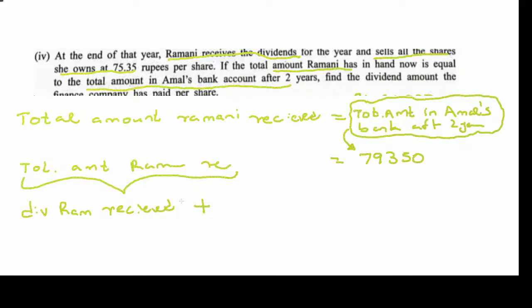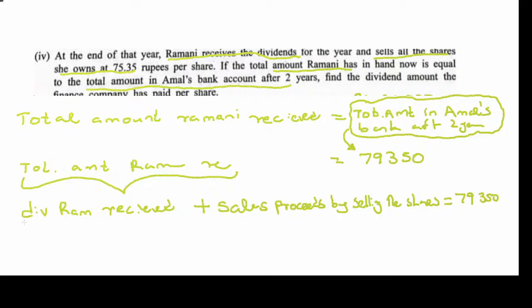So the dividend Ramani received plus the sales proceeds by selling the shares is equal to 79,350 rupees.